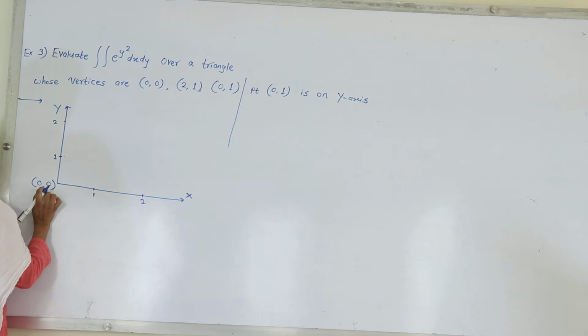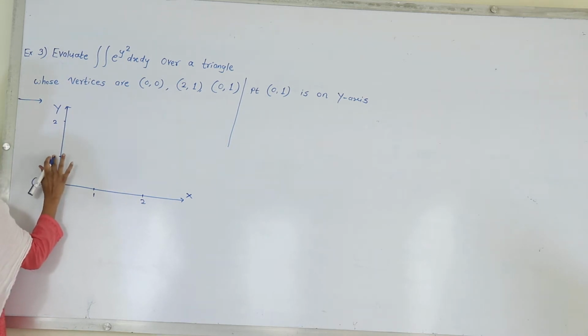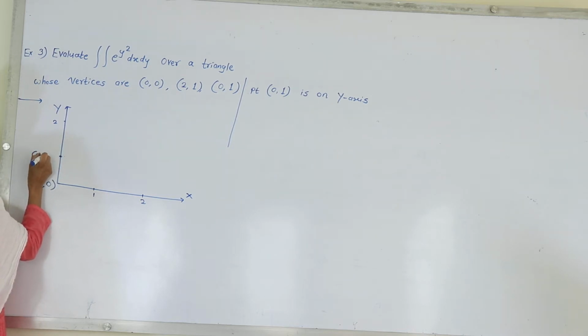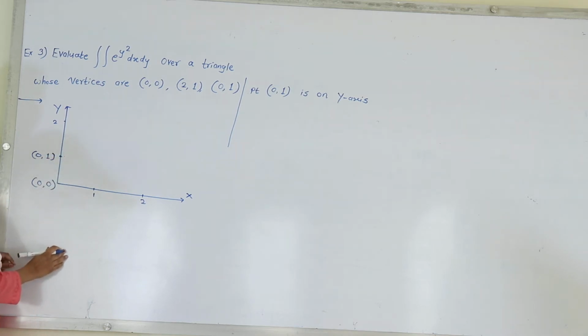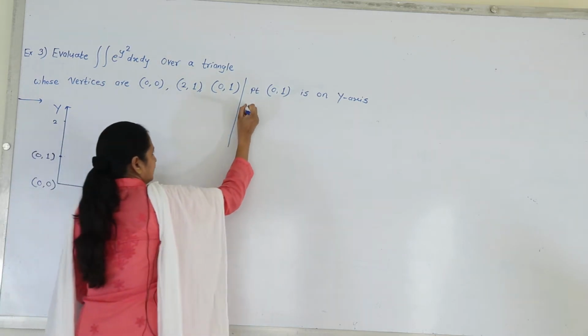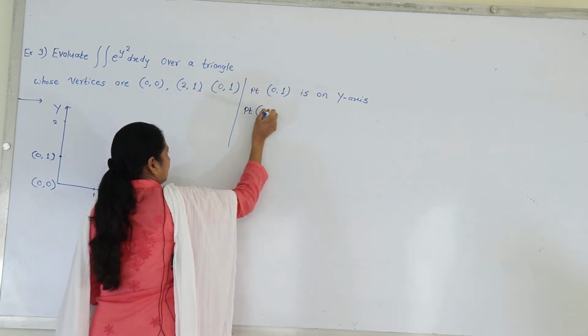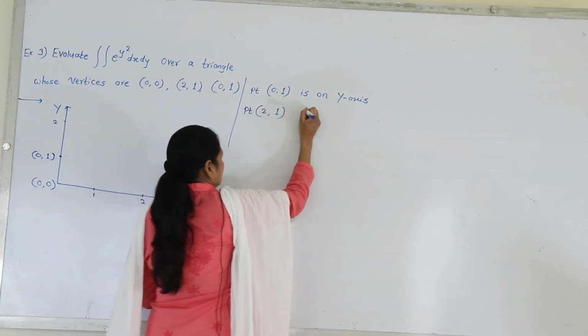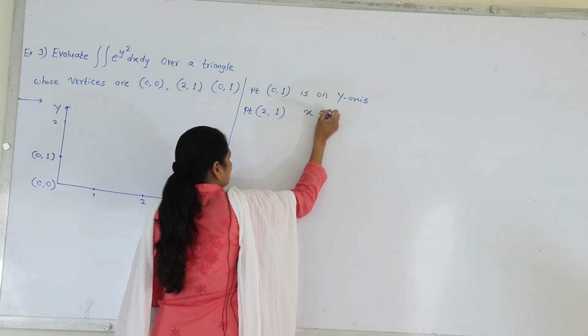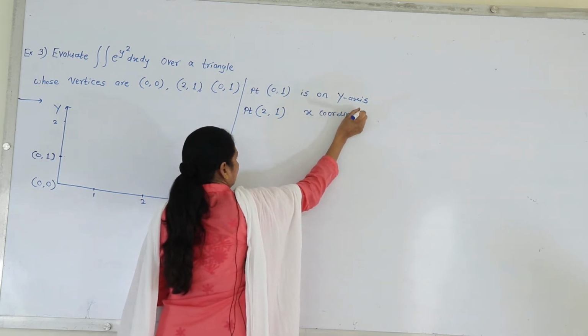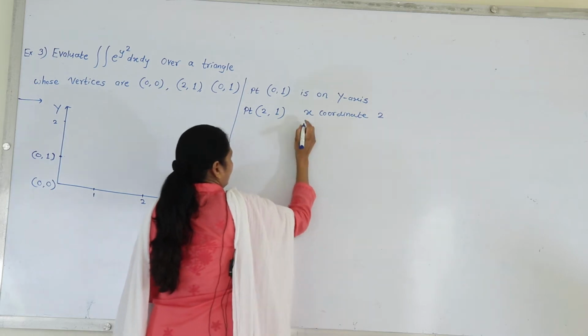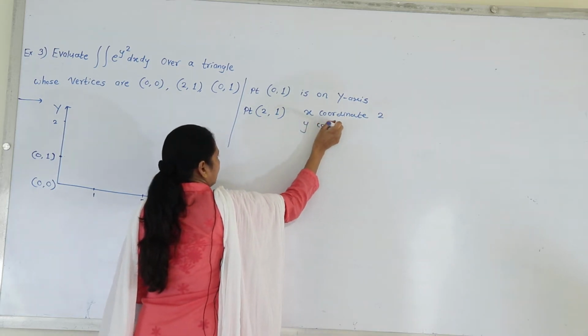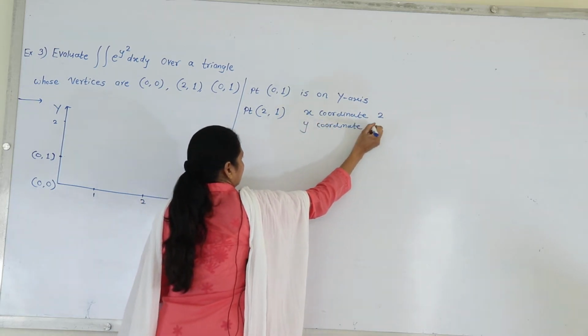First point is (0, 0), the origin. Next point is (0, 1). Suppose this distance is 1, then it is (0, 1). Now the point (2, 1) means x coordinate is 2 and y coordinate is 1.